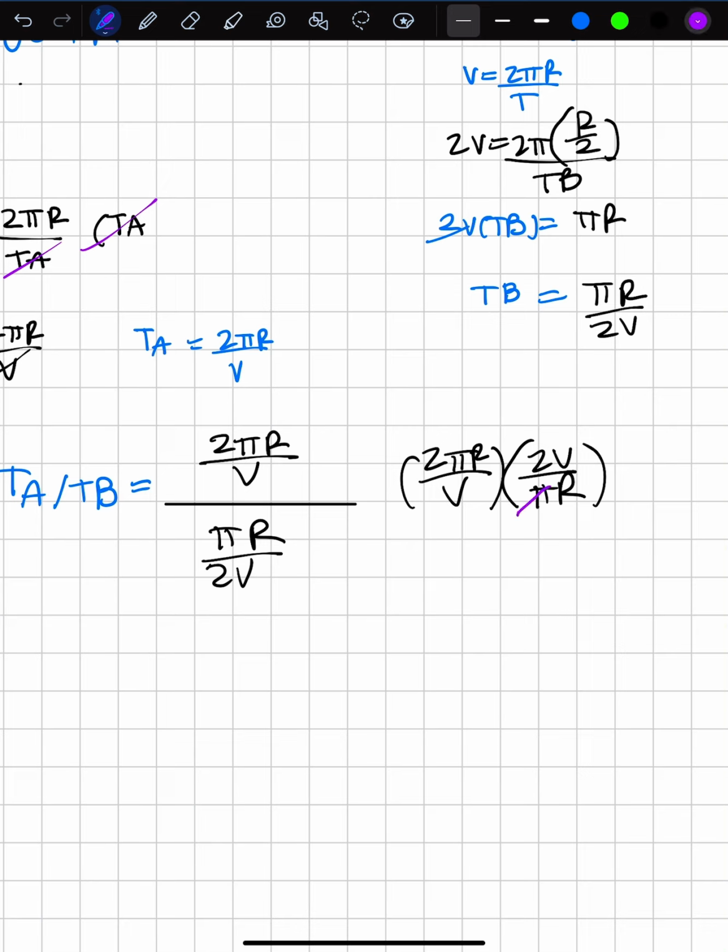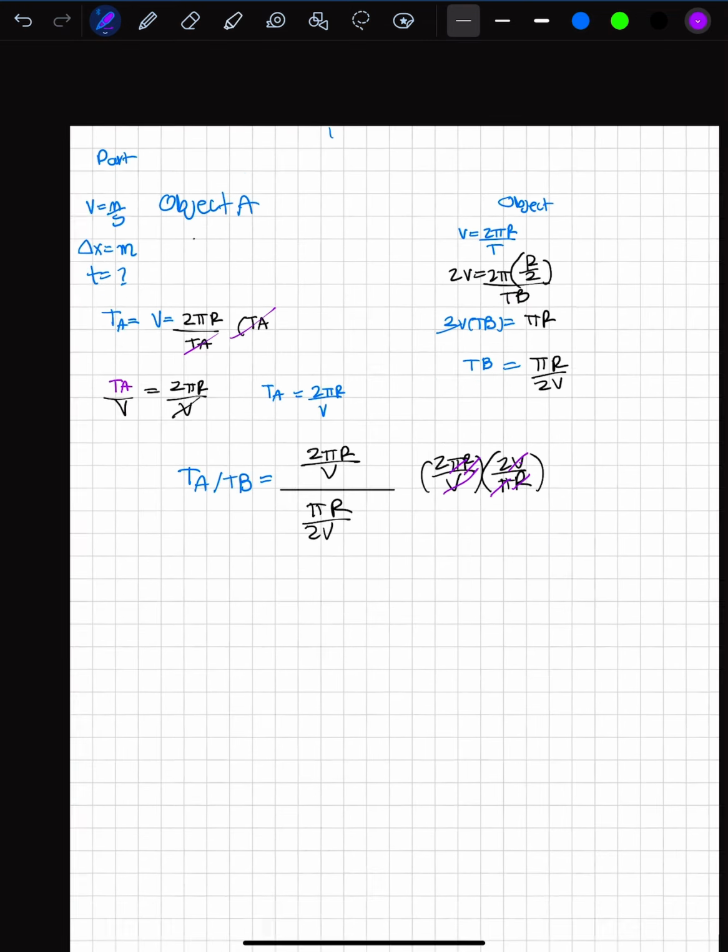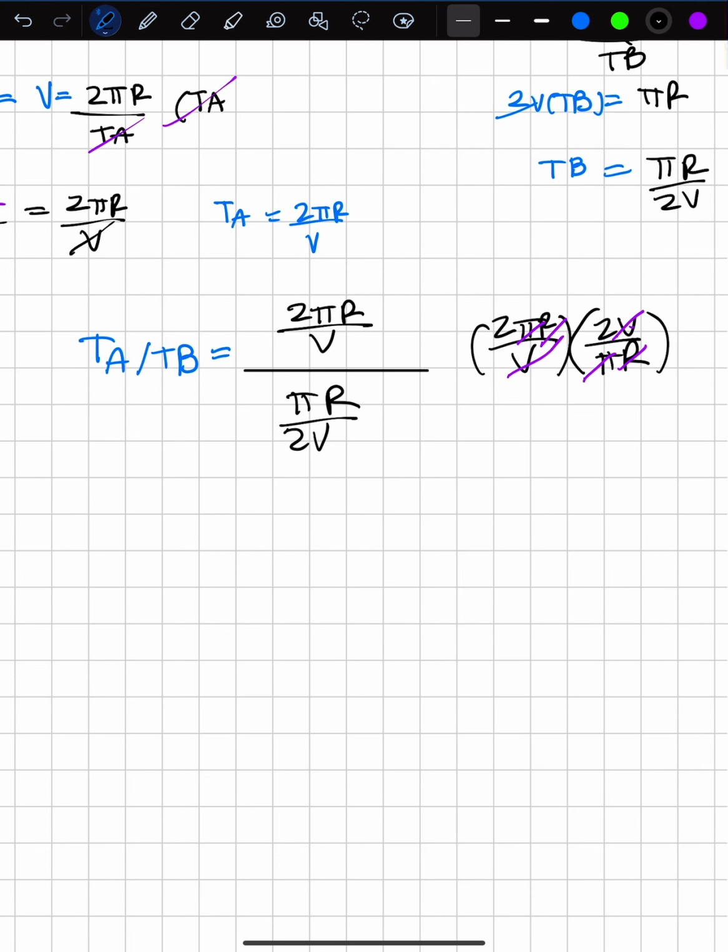We cancel these out, cancel velocity, and what are we left with? We're left with 2 times 2. So the ratio of the period of object A to object B is going to be 4.